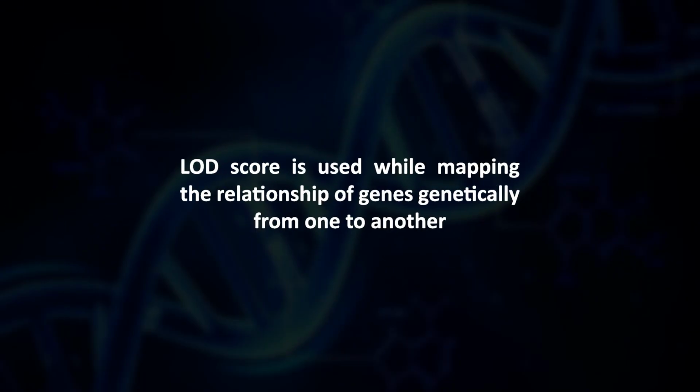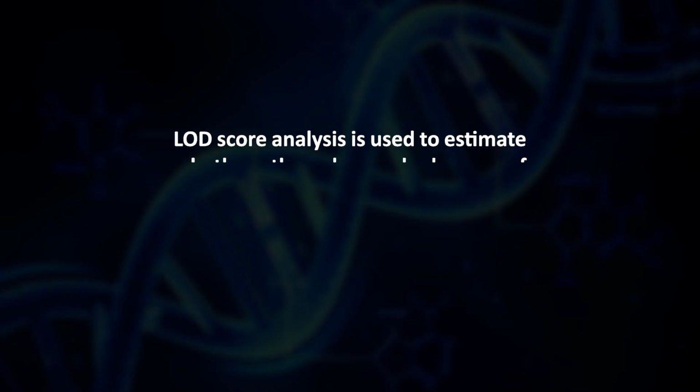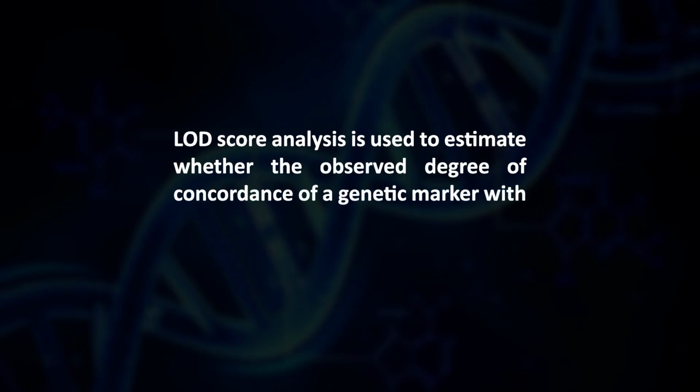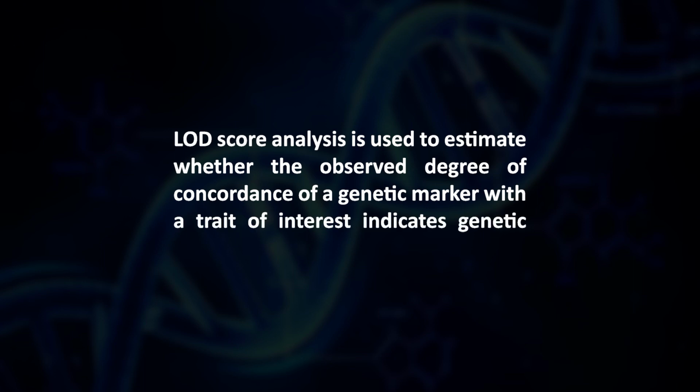Lod score is used while mapping the relationship of genes genetically from one to another. Lod score analysis is used to estimate whether the observed degree of concordance of a genetic marker with a trait or character of interest indicates genetic linkage between the two.